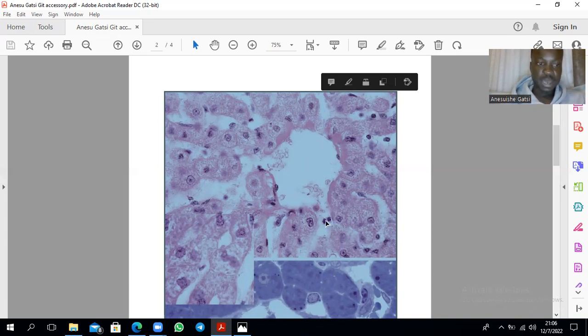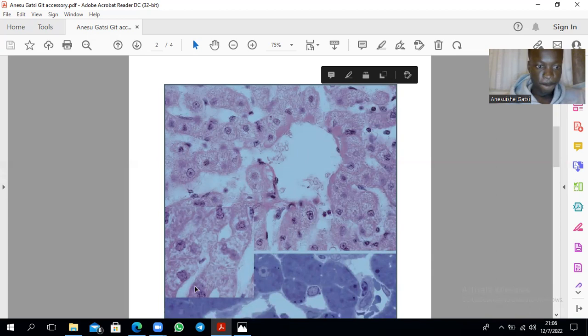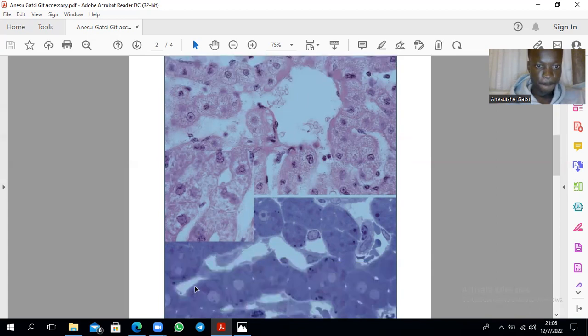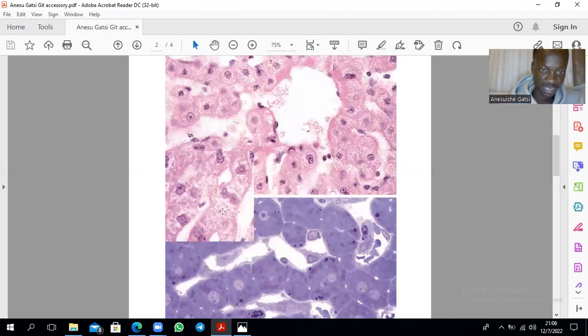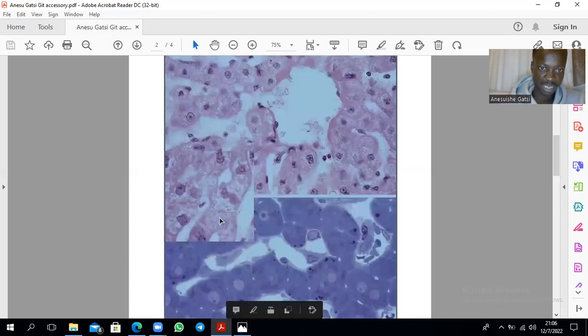Right. Then that's a hepatocyte. That's a hepatocyte. The space that is between those two hepatocytes there, that's a bile canaliculus. If you look at this hepatocyte and that hepatocyte, there's also that space there. That's a bile canaliculus.